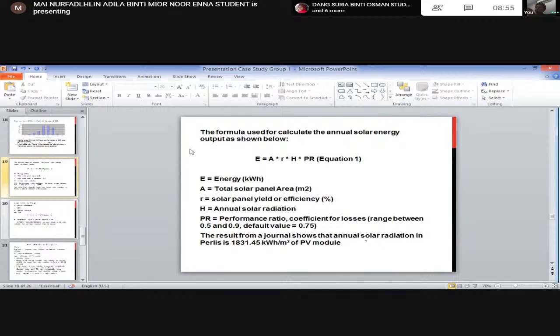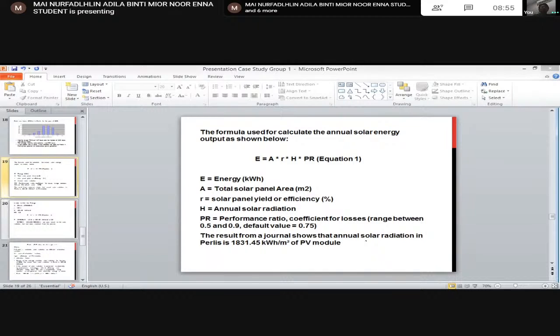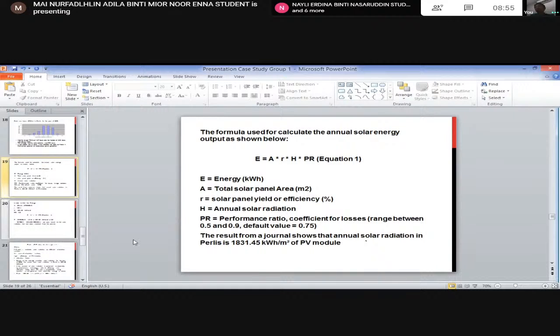Based on the journal that we have been using, this is one of the equations that have been discovered. E, the electrical energy that we produce, equals A, the total area of the panel, times R, the yield or the efficiency, times H, the annual solar radiation, divided by PR, the performance ratio.